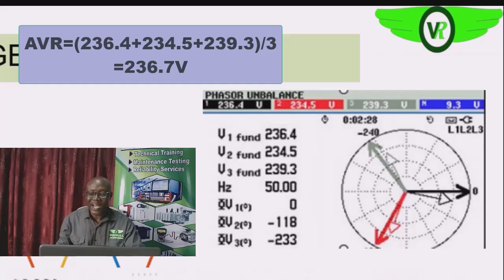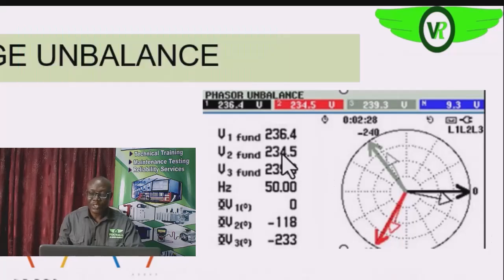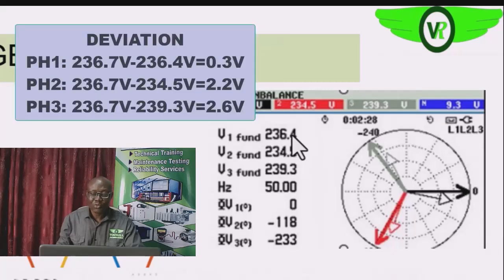236.7, that becomes our average voltage. So this average voltage, when we take the difference between 236.4, we have 0.3. Then the difference with the average minus 234.5, we have 2.2.